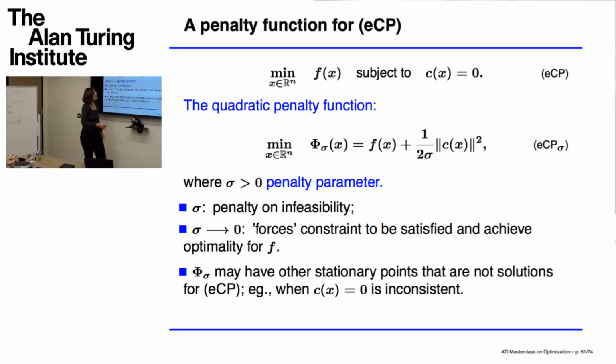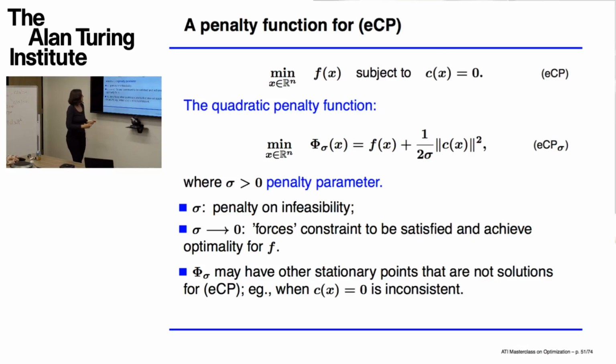So what happens in this objective? This acts as a weight on the constraint. As sigma goes to 0, this term gets larger and larger. So when I minimize this, I force more and more the function to minimize the error in my constraints, so to force feasibility.